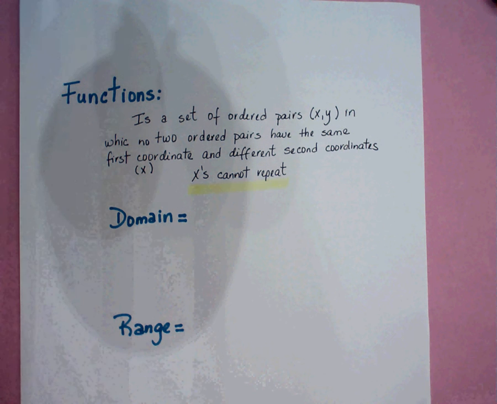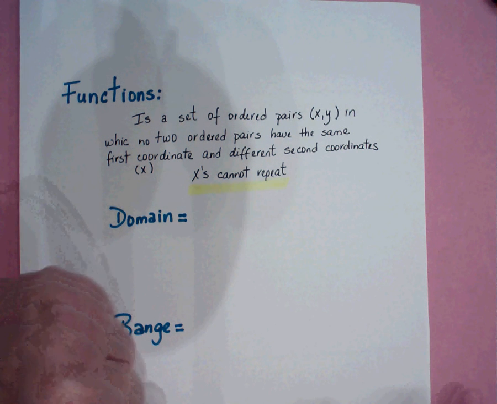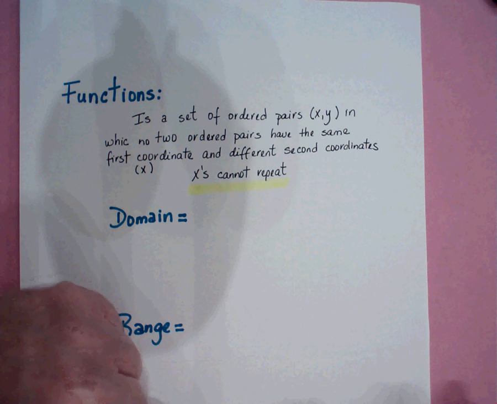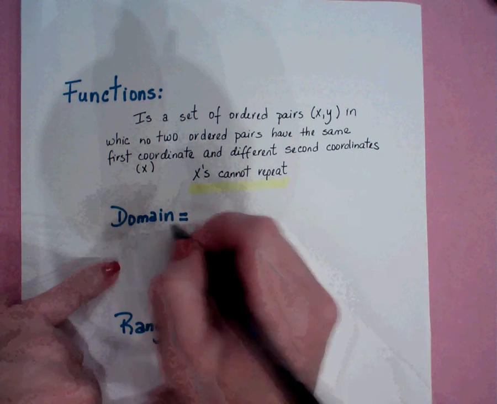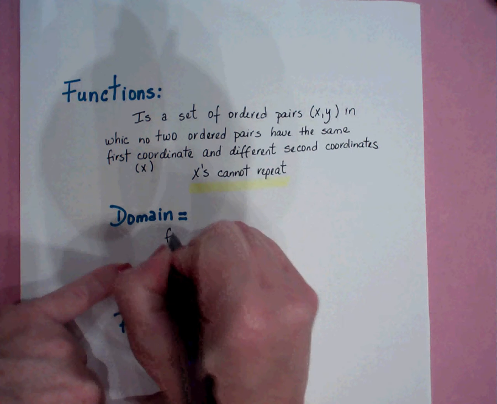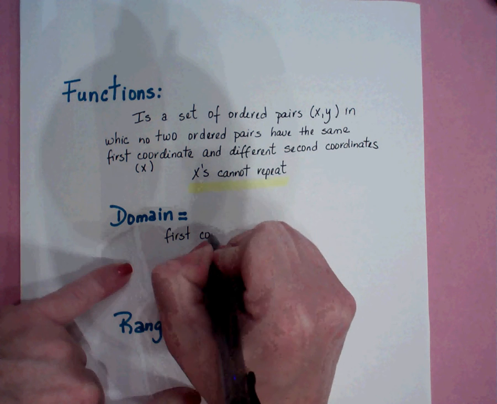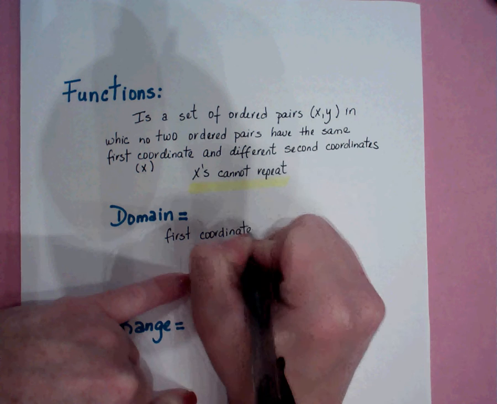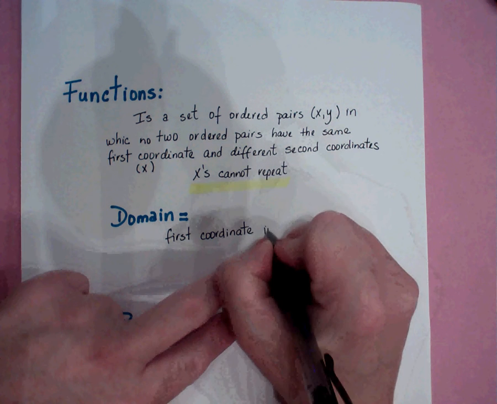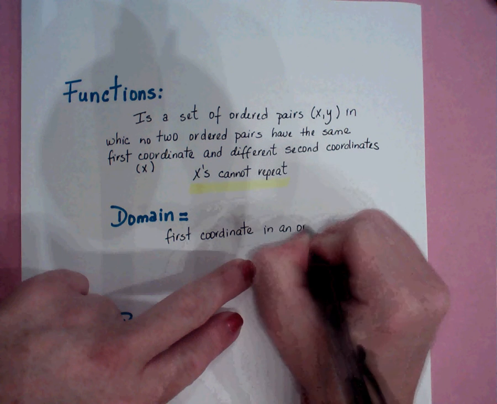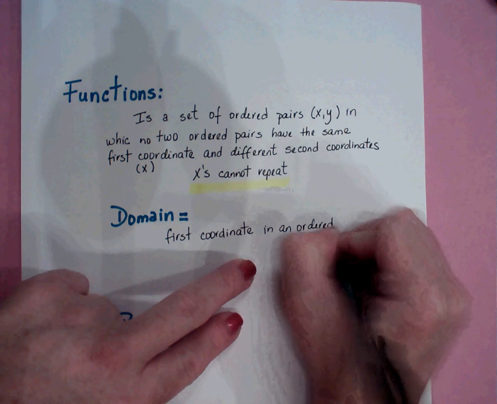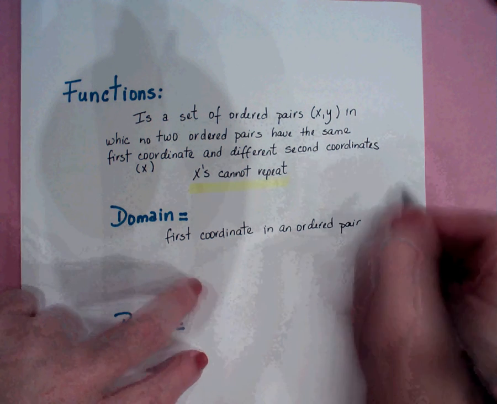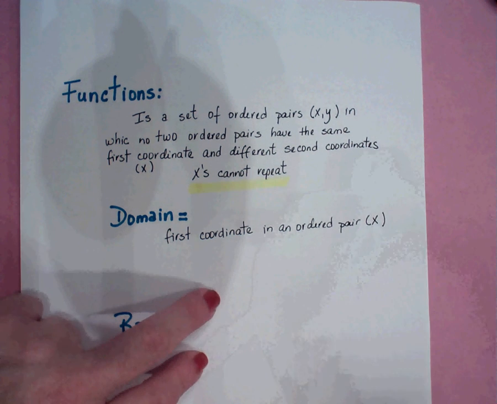All right. So the domain of a relation is the set of all first coordinates of the ordered pairs. So the domain is nothing but the first coordinate in an ordered pair. That's the same thing as your x.